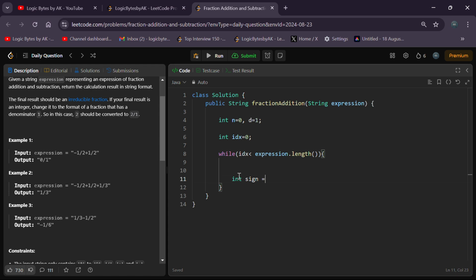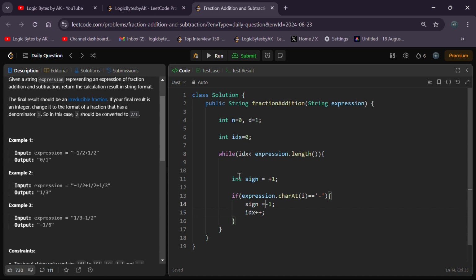It will initially be plus one. If expression dot charAt of i means our current pointer is pointing to the negative operation, our sign will be minus one.